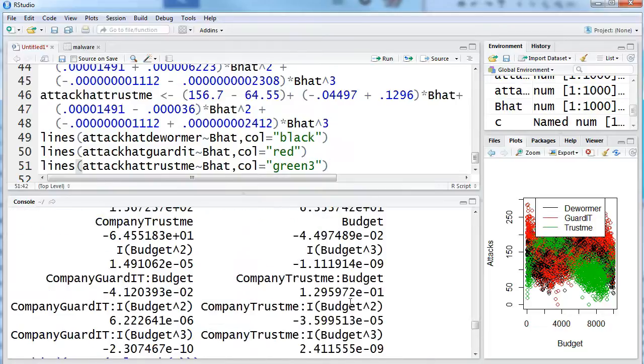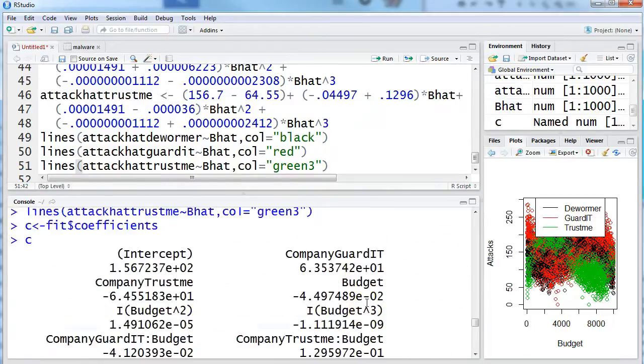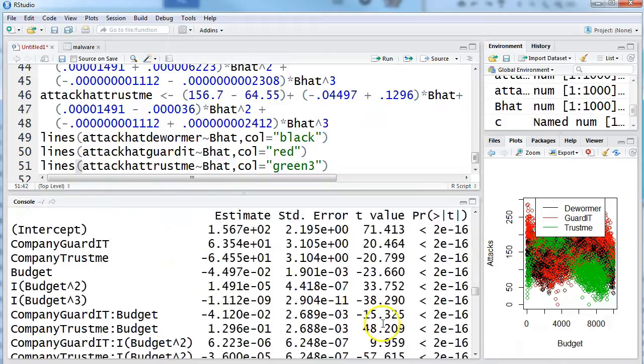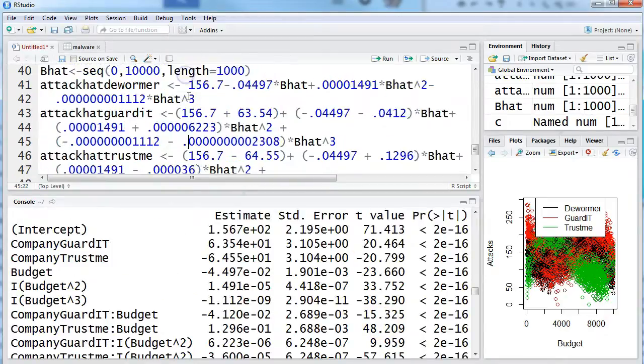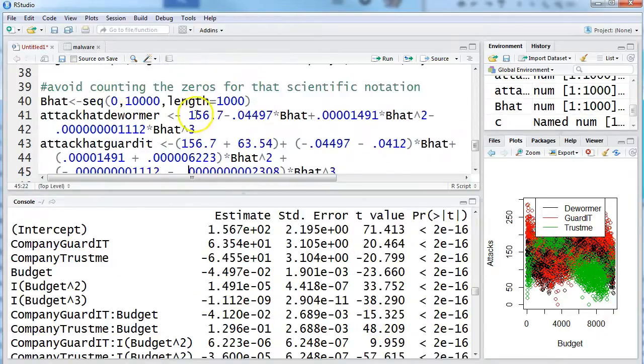Here's what I had before, and here's my coefficients right here. And notice that we have 156, but we could have left this the way R wrote it, which was 1.56 e to the 2, and I made it positive, and the O2 doesn't necessarily matter.